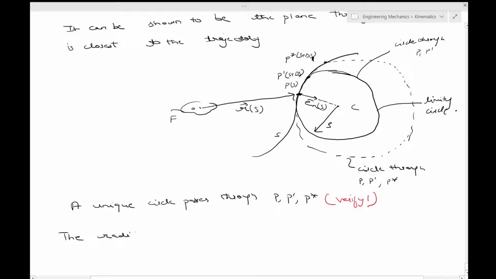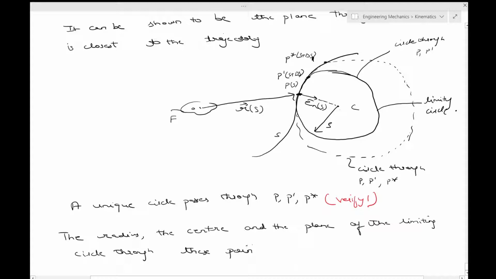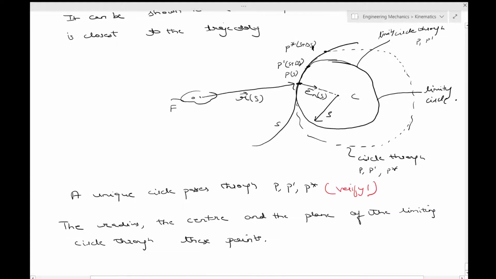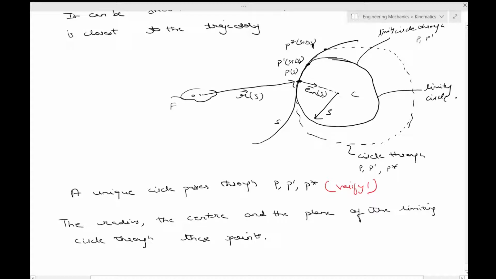The radius, the center and the plane of the limiting circle through these points: limiting circle meaning the limit as delta S and delta S1 come to 0.